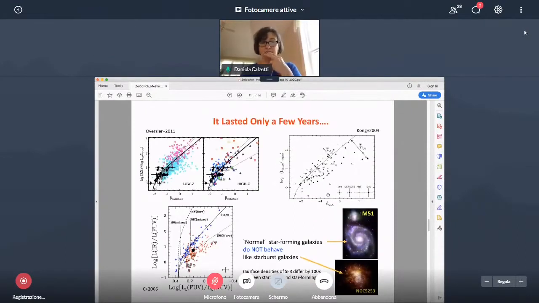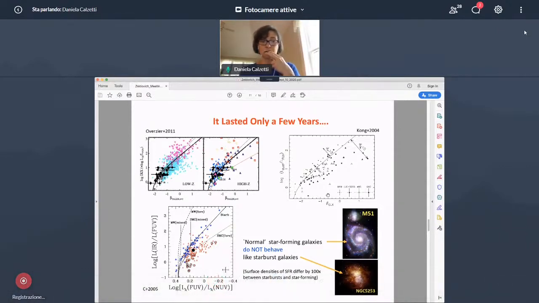Now, that nice, clean correlation only lasted a few years as researchers continued to investigate different galaxies, so not just starburst, but also other galaxies with more varied morphologies and more varied star formation histories. They started to realize that that single relationship didn't seem to be enough to explain every galaxy.